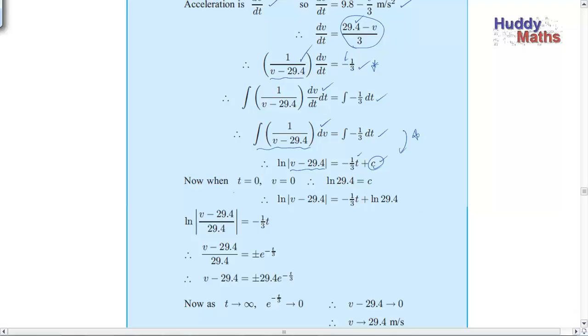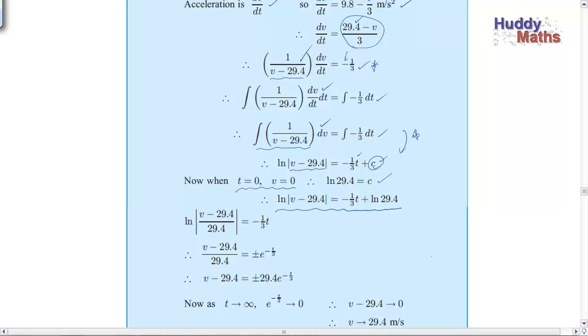Now we go into the step of looking at the given information, and obviously at time 0 before the raindrops start to fall, v is 0, so we sub that in, and we get c is ln 29.4. And so we have this expression, ln v take 29.4 equals that.